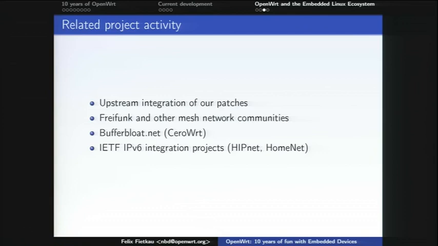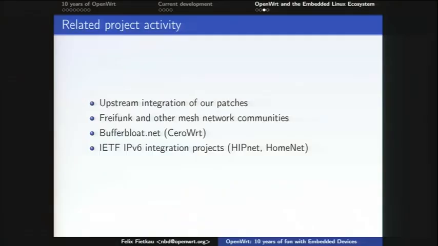So we want to make sure that in OpenWRT we get the changes that we make into the tree as fast as possible, because we have a lot of active users that regularly check out our development releases, but we want to make sure that the big changes that we make don't go stale in our repository. So we're working on many things simultaneously in the upstream projects as well.